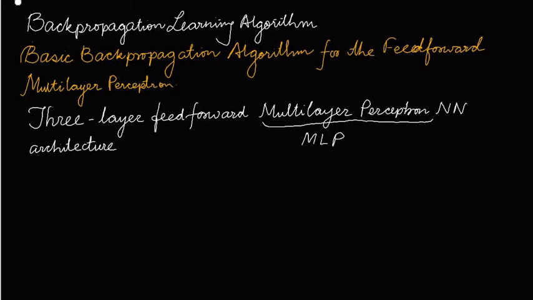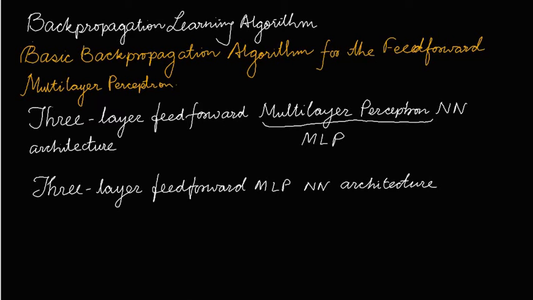Hence, we can write it as a three-layer feed-forward multi-layer neural network architecture. So the example which we are taking is going to be a three-layer, and to be very specific about the number of nodes in a hidden layer, we will be fixing the number of input nodes, and the number of neurons in a hidden layer also.